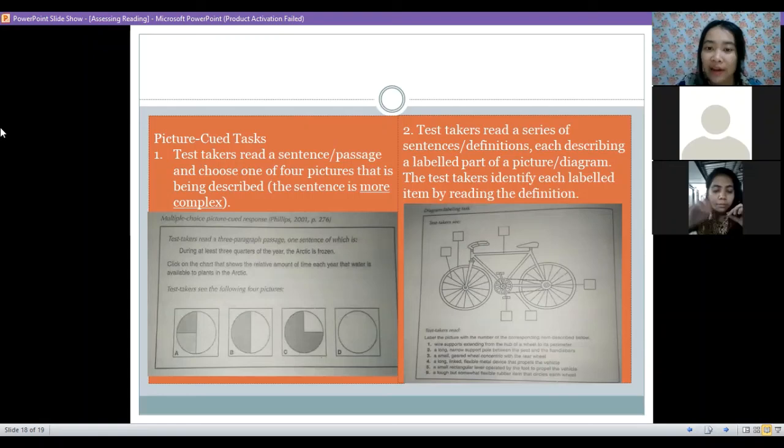As you can see, there is a picture of a bike, and there are also some blank spaces on each part, and then it also has some definitions, for example, from number 1 until number 6. And then when the test takers read those definitions, they can choose which one is the correct answer for the blank space above the definition. Next.